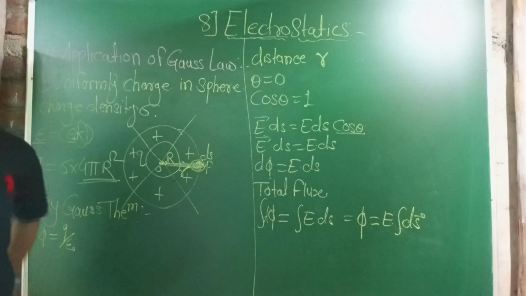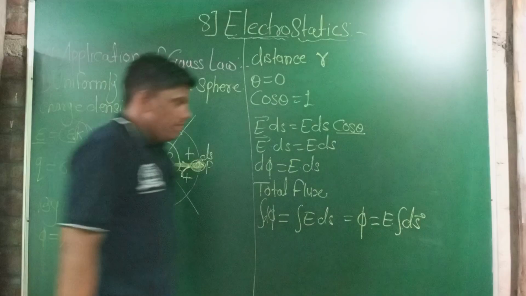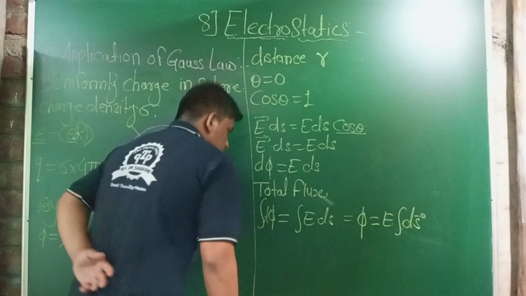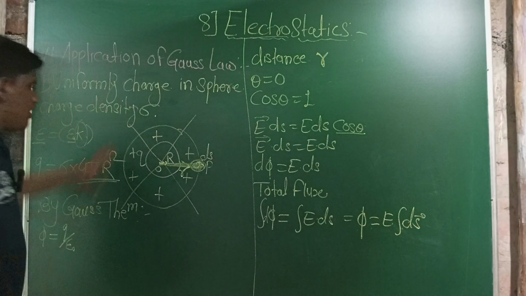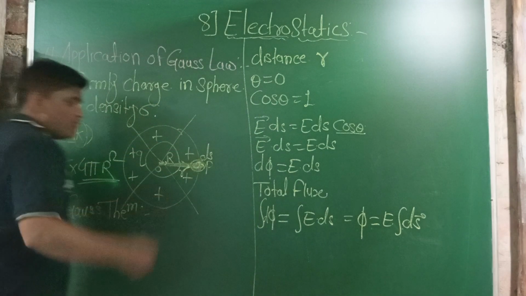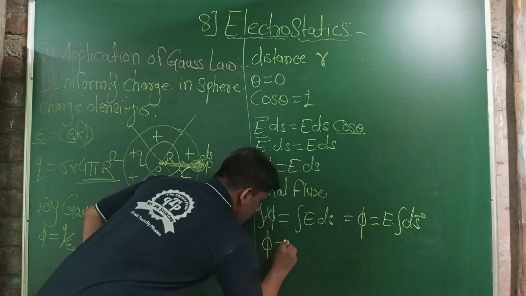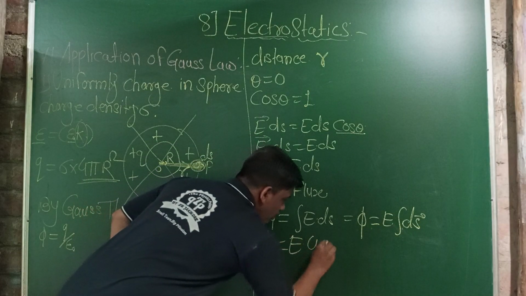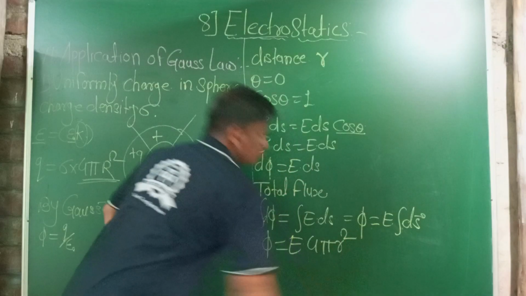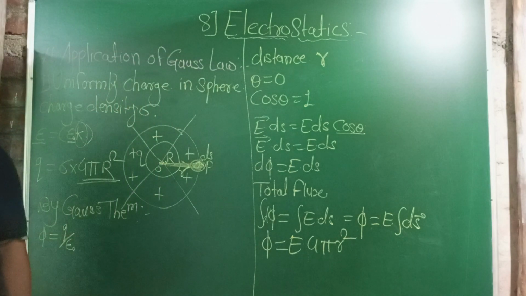These are vectors. We know that the area of the whole sphere is 4 pi small r square. So phi is equal to E into 4 pi small r square.